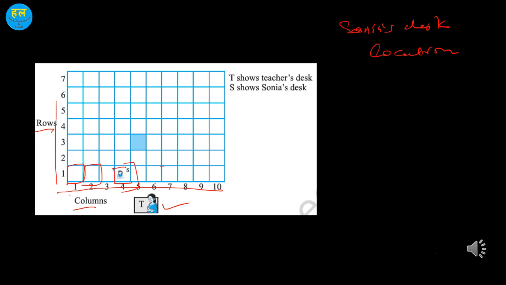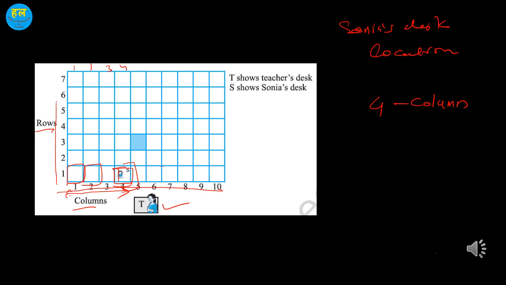So she sits on the 4th column. If you see here, this is 1, this is 2, this is 3, this is 4. She sits on the 4th column.